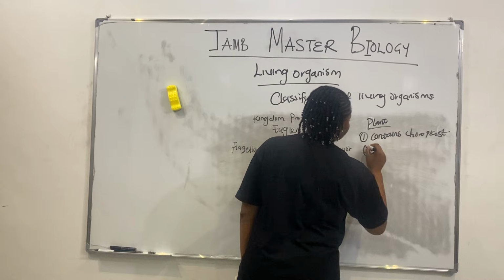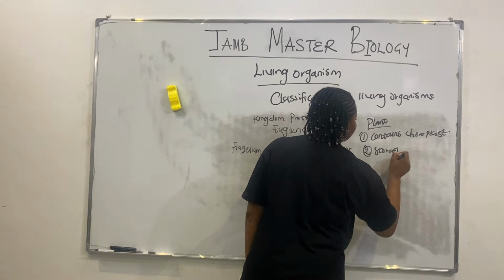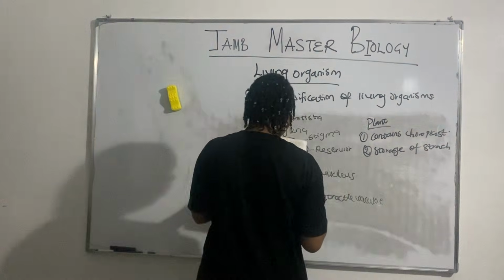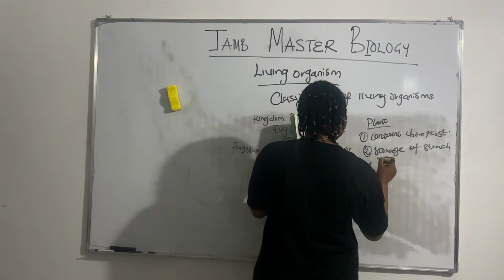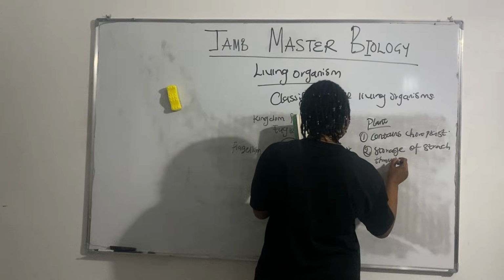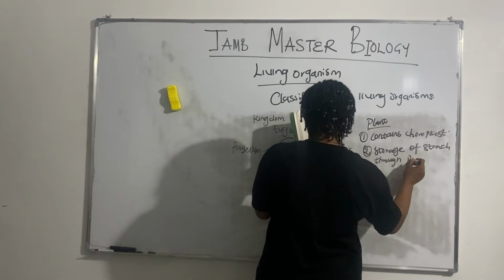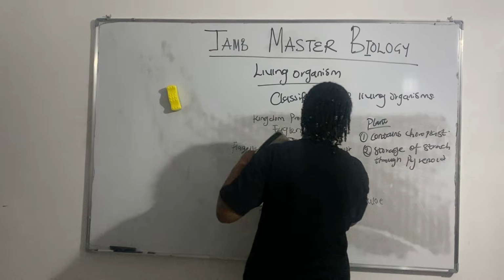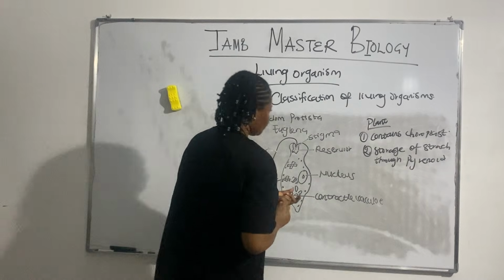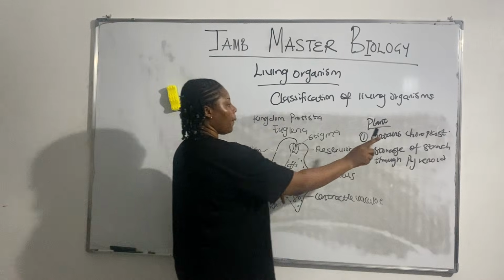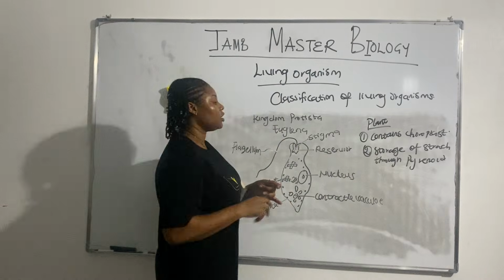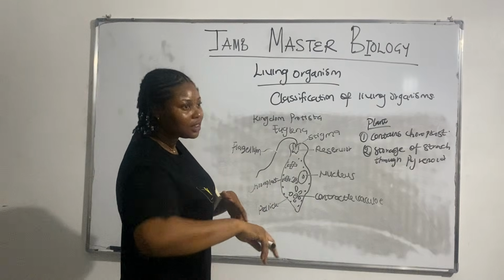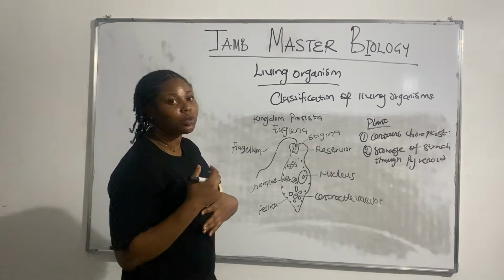Storage of starch through the pyrenoid. So now, carbohydrate is stored as starch in plants. Plants store carbohydrate as starch, right? Us human beings or animals, we store it as what?